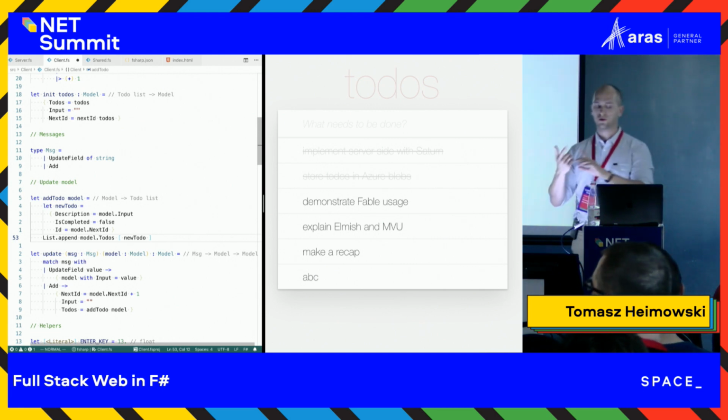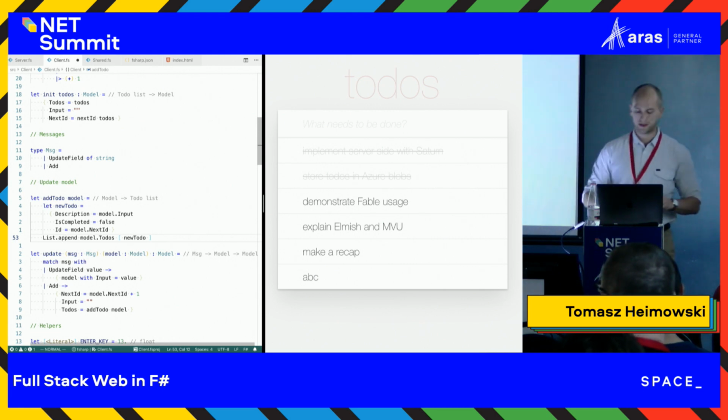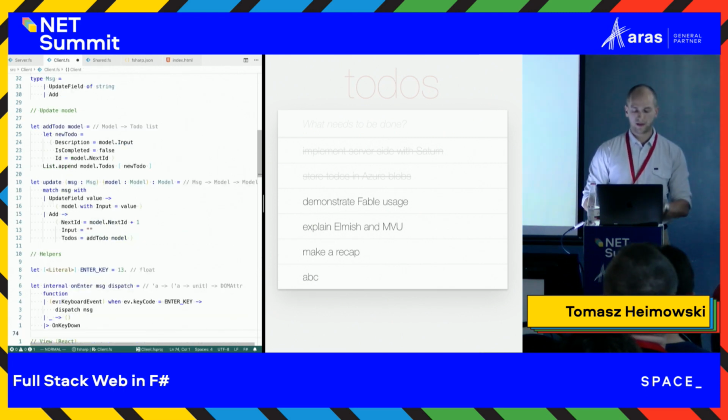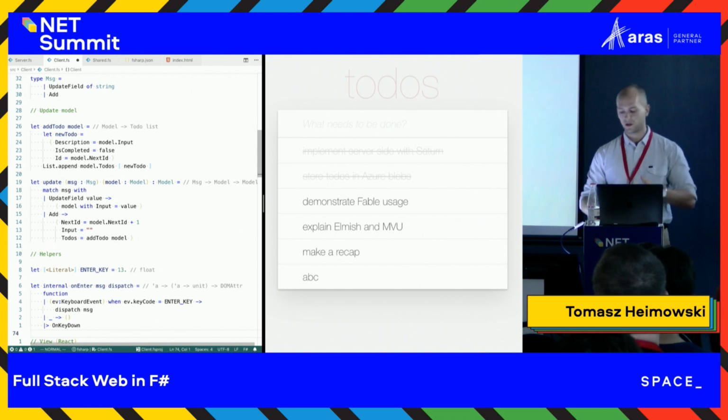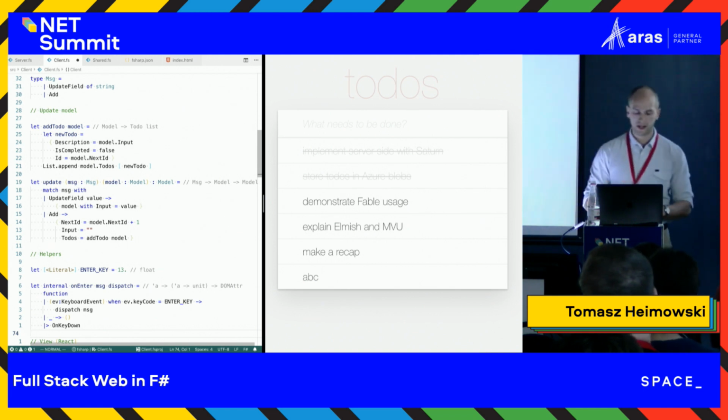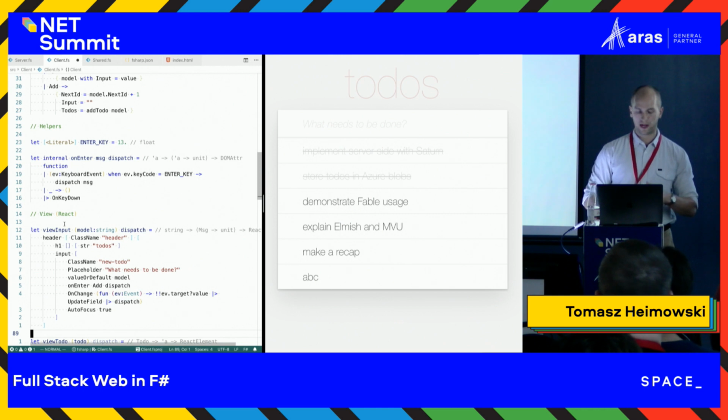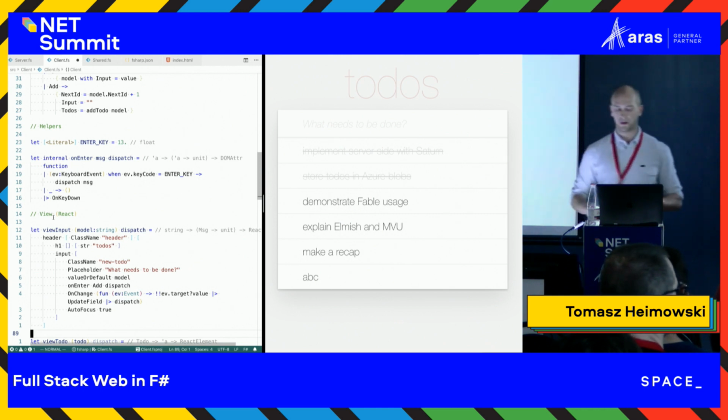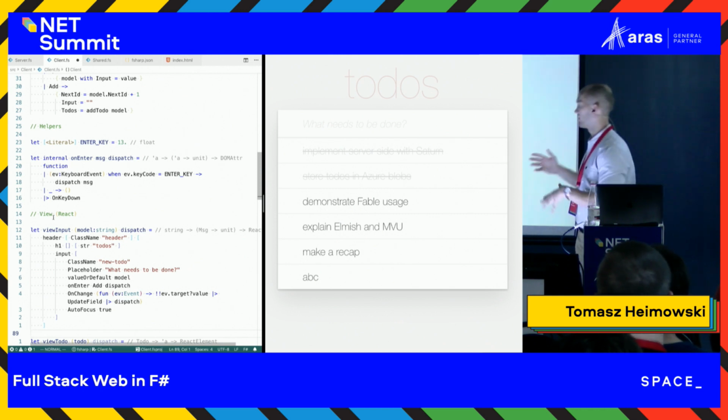So we've got M and U covered, and V for view is still outstanding. Here I have a little helper function to determine whether a key press is an enter key. And this is where the view comes in. Here we're using React.js under the hood, which fits really nicely into this whole stack.